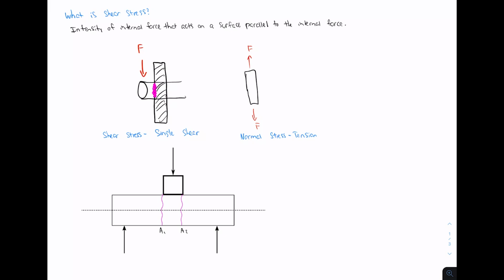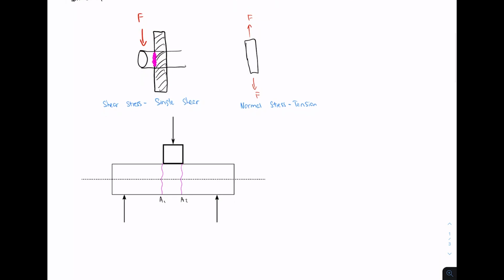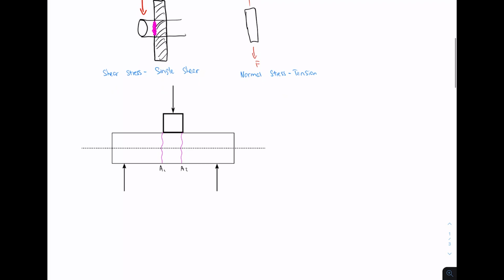Okay, in this case we have shear stress again, and it's called single shear because we only have one fracture surface. For our experiment, we're doing double shear, so I drew a little schematic here. It's going to look something like this in the lab, and I'll show you the actual picture in just a moment. What we have is 2 supports towards the end of the rod.